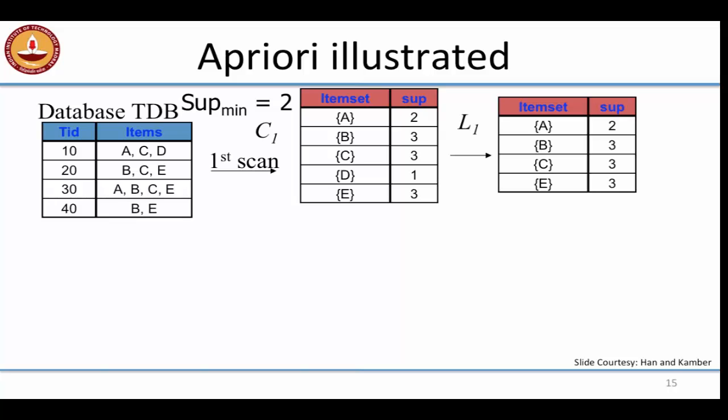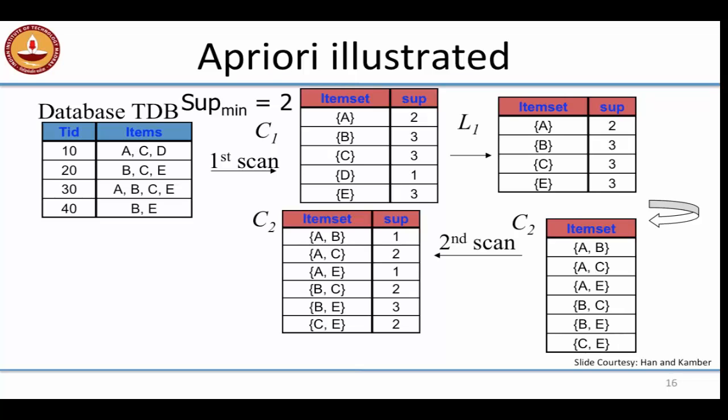So when I'm looking at the candidates to use for generating 2 item sets, I can completely ignore D. Now all the candidate 2 item sets are those that do not have D as part of them. Essentially the 2 item sets that we'll have to consider are AB, AC, AE, BC, BE, and CE. These are generated by looking at all possible combinations of the frequent 1 item sets.